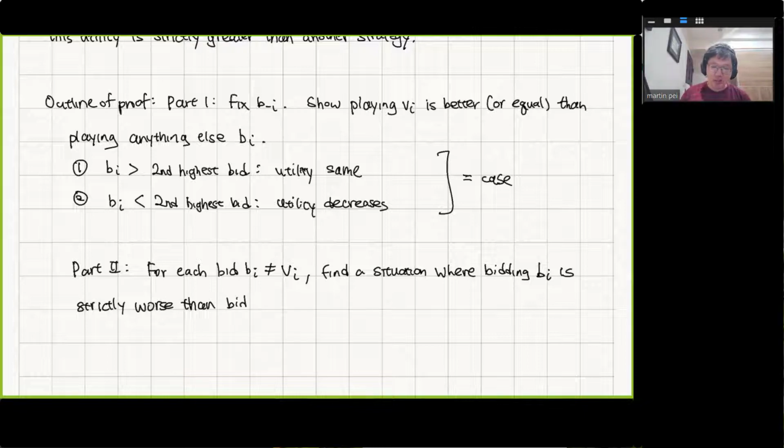So for each bid other than your valuation VI, you find a situation where bidding BI is actually worse than bidding VI. That is the second part.